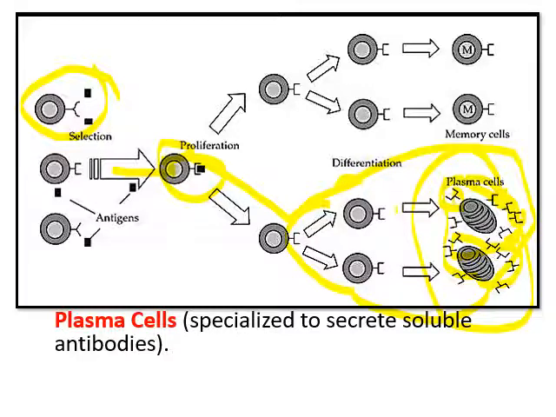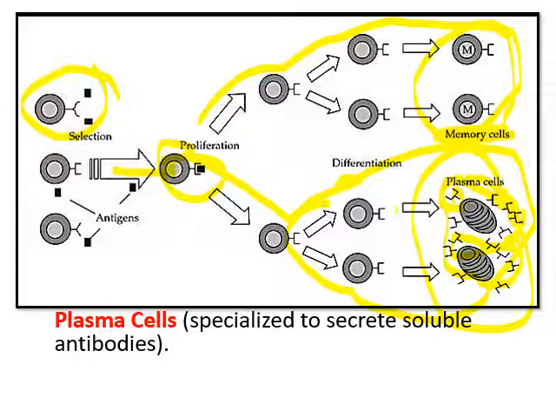And once the foreign invader is destroyed, here's something interesting. We have a subset of those B cells that took off on their own, and instead of turning into plasma cells, they turned into something called memory B cells. Those guys are left behind after the battle is over in case that bad guy dares to show up again.